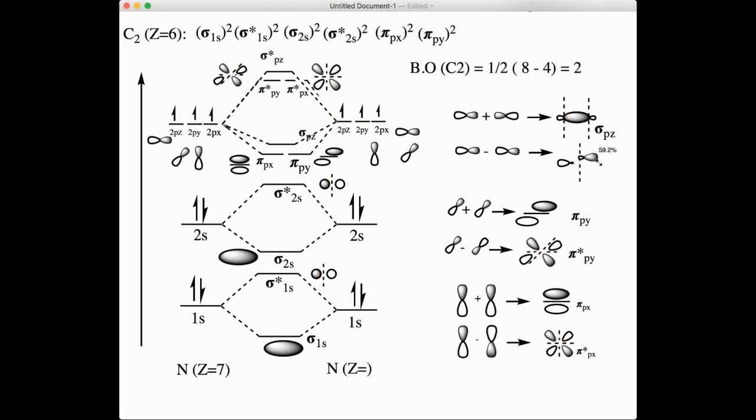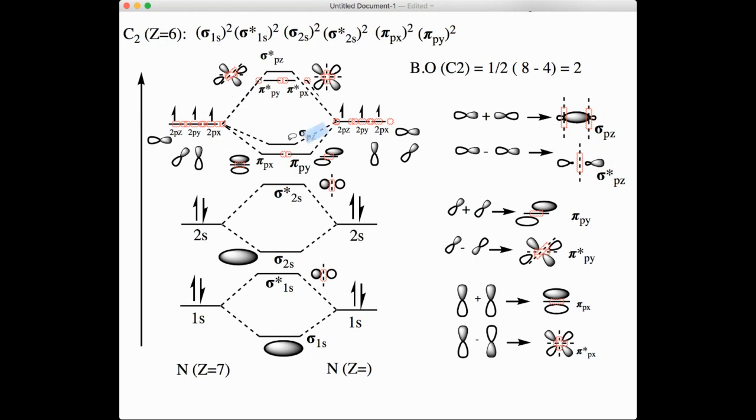I'll answer the question right now. Give me 1 second. Okay, so this is how the sigma anti-bonding is going to look like, guys, in case you had questions. It would be the sigma star. So guys, the bottom line here is a couple of things. I'm going to summarize this now. Let me answer the question first. Does sigma pz have higher energy than pi px and pi py?